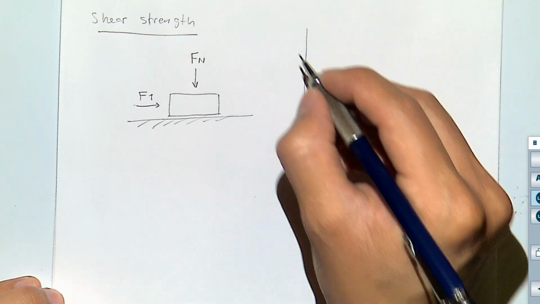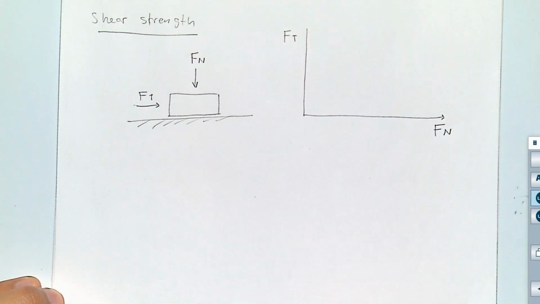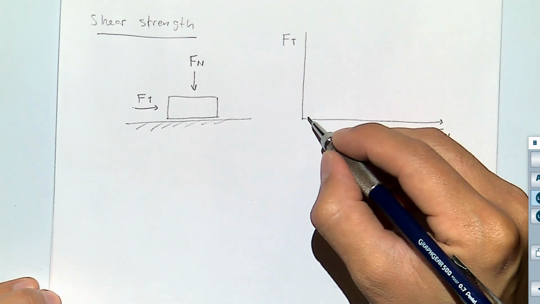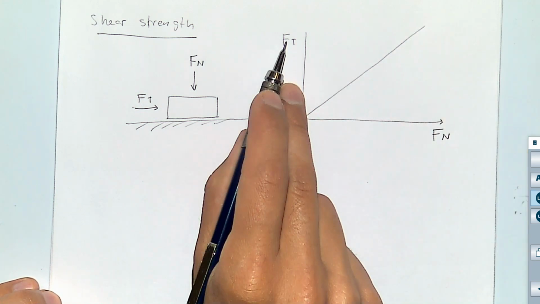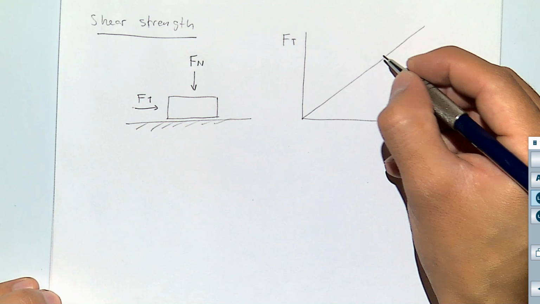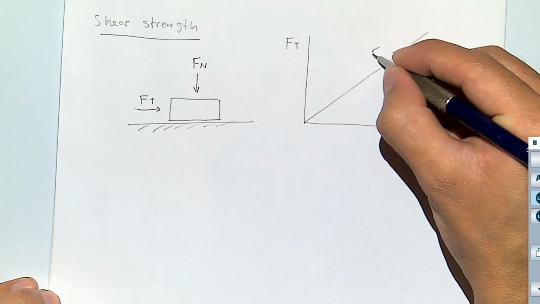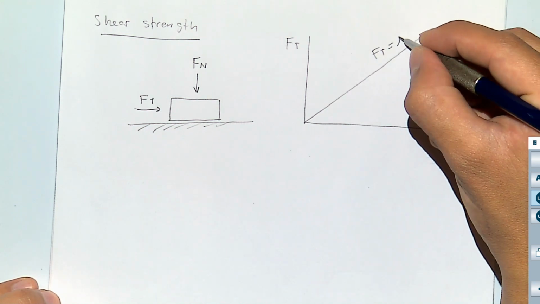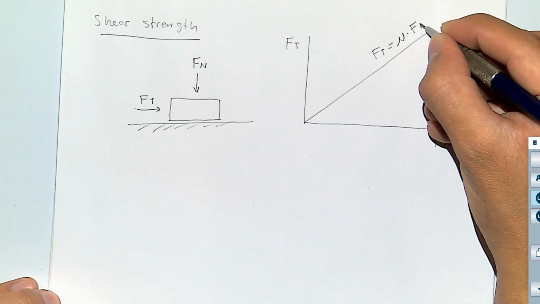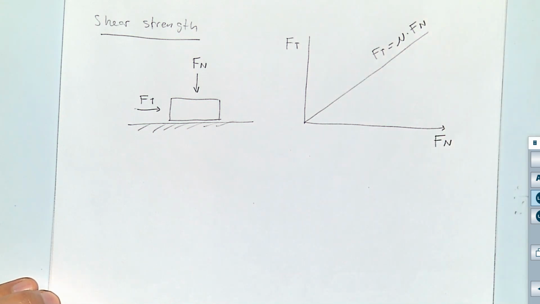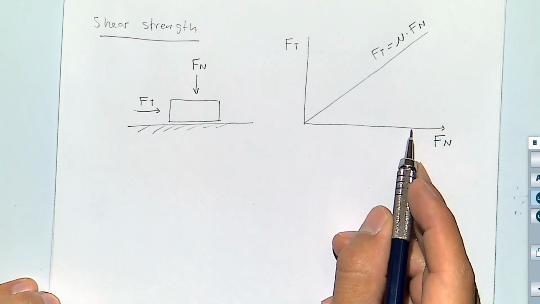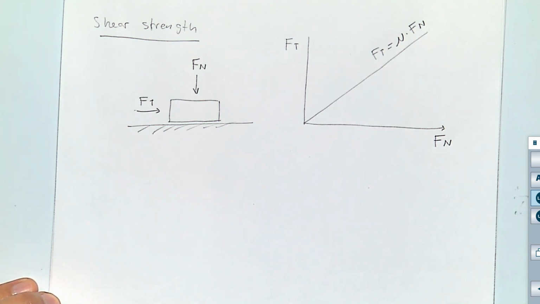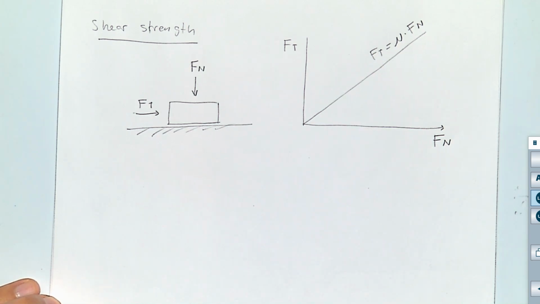Very well. So Ft, in order to mobilize this solid: the bigger the normal force, the bigger Ft, and Ft will be equal to the friction coefficient times the normal force. So again, the bigger the normal force, the bigger the Ft required to make that solid move.